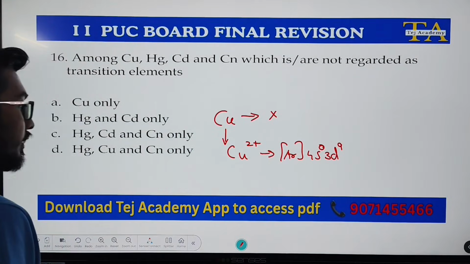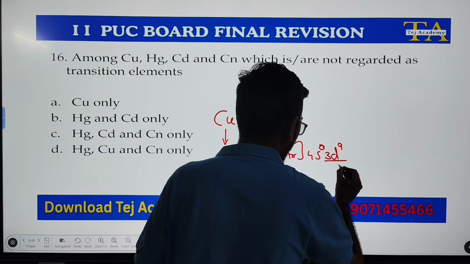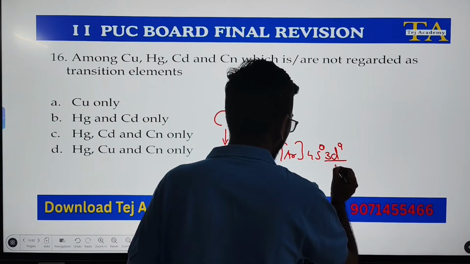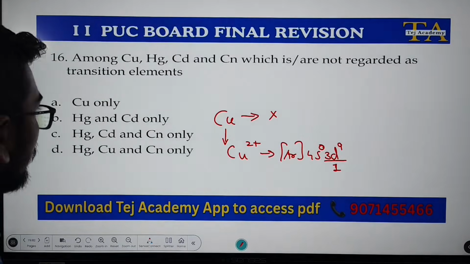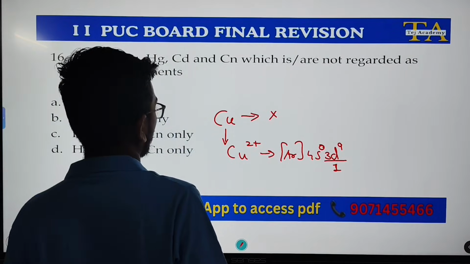So 3d9 means how many unpaired electrons are present here? One unpaired electron is present. So easily it will show transition element characteristics.